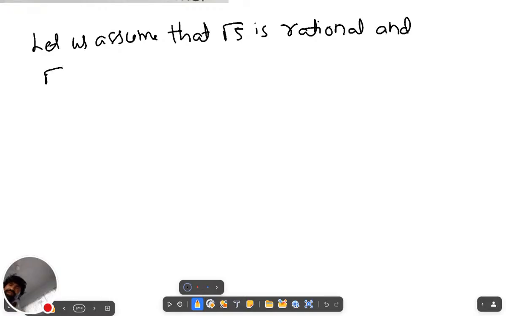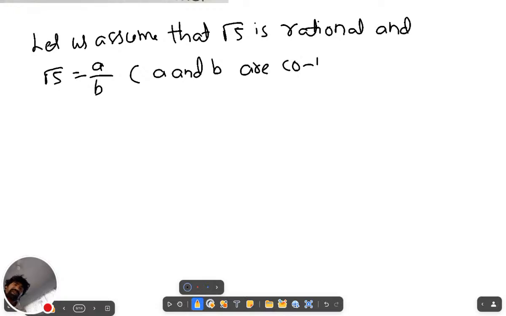So root 5 is equal to a by b, where a and b are co-prime numbers. What are co-prime numbers? Numbers that have no common factor except 1.